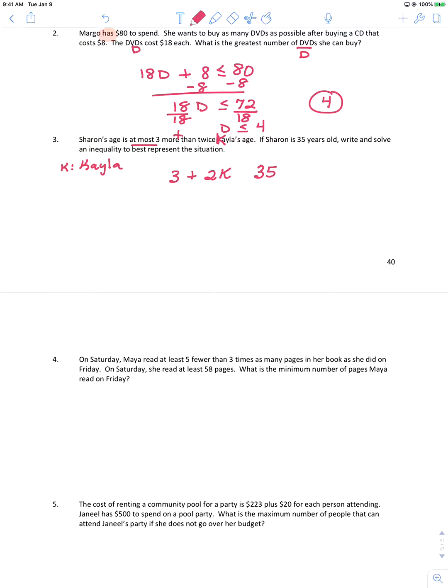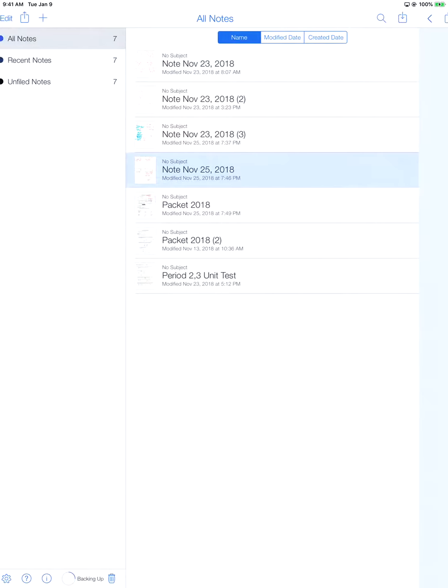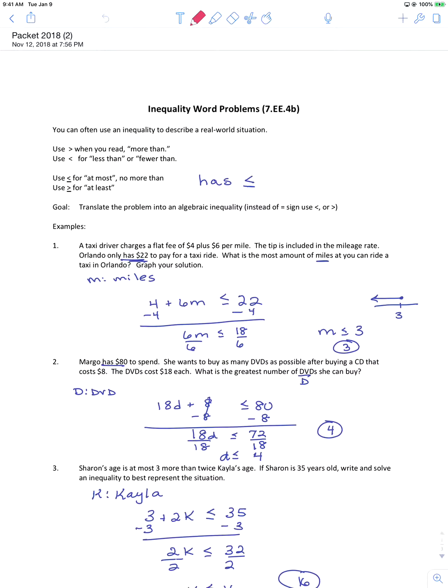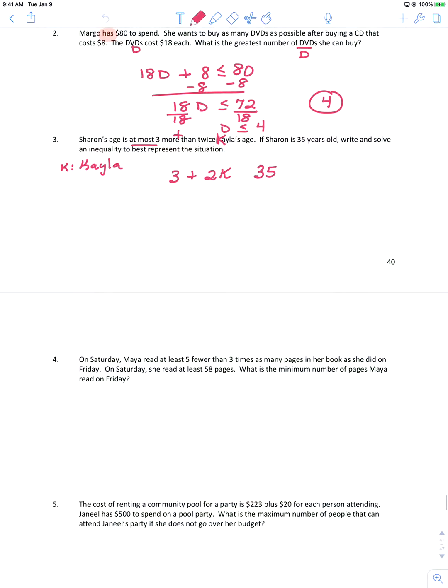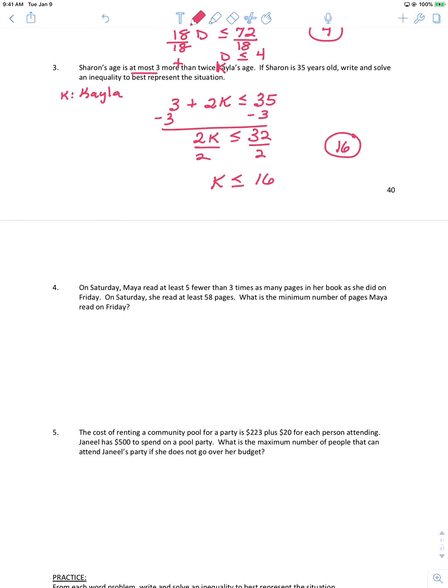At most, when I go back to my chart here, at most is less than or equal to. And then we just solve it. You just got to know that chart for which inequality belongs. And I get K is less than or equal to 16. So 16 is the biggest that K can be.